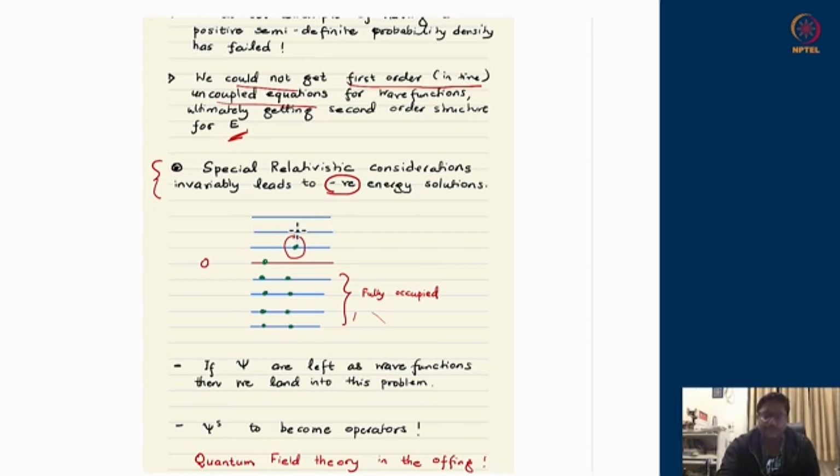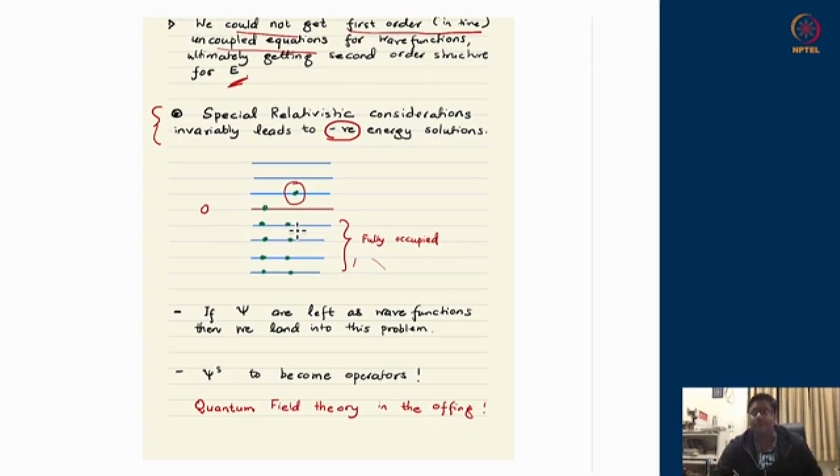Or one has to give up the notion of probability density which was predicted by the continuity equation. So we have to interpret that whatever is coming is not probability density. It is only charge density. Charge density can be positive or negative depending upon charge.